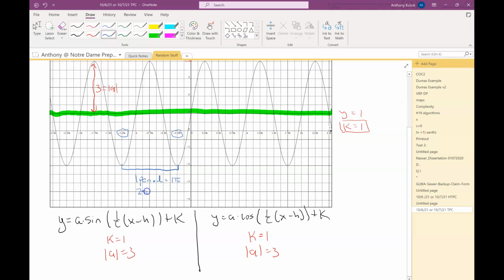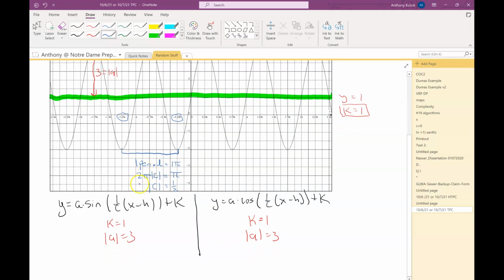And I remember that a period is 2 pi times c. So that tells me the absolute value of c is 1/2, just by dividing both sides by 2 pi. And that is going to be the same regardless of whether we're working with a sine or a cosine.